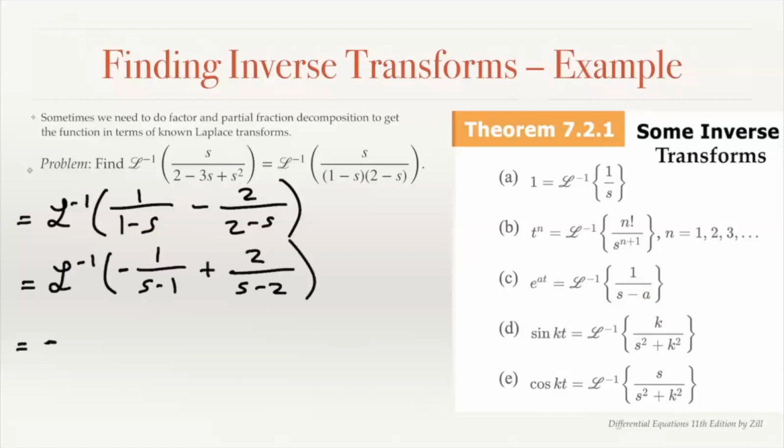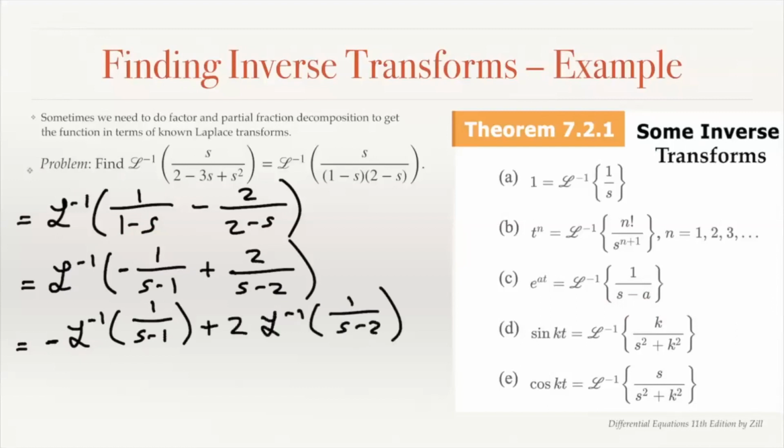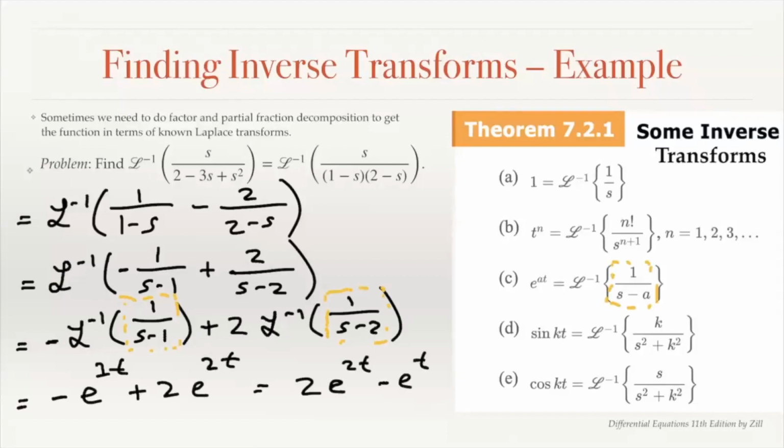Now we can break it up, distribute over the sum, pull out constants, and now each of these is of this form. So we have negative e to the 1t plus 2e to the 2t. So we have found our inverse transform.